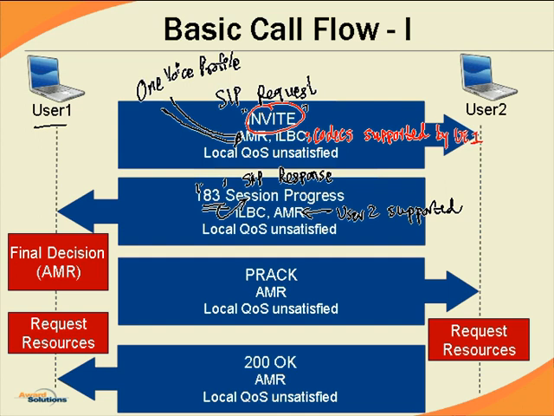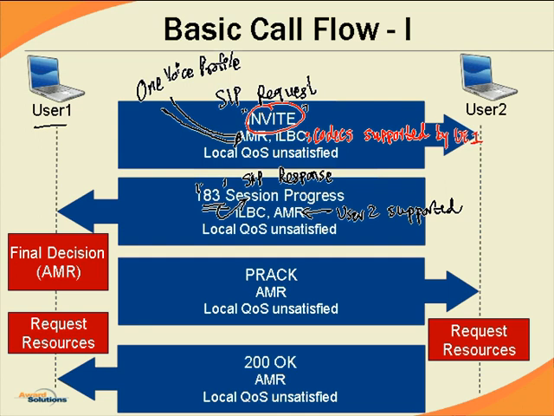It is sort of royalty free. You can use that for free without paying anybody. So that's developed by some Global IP Solutions, something like that, a company like that. But in one voice profile, we have chosen AMR as the speech codec.